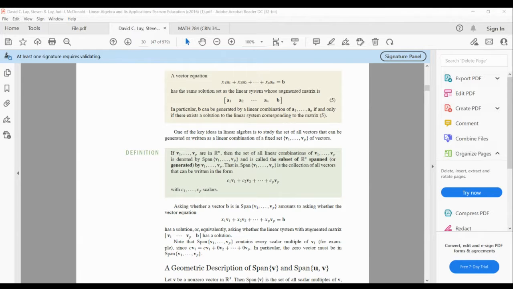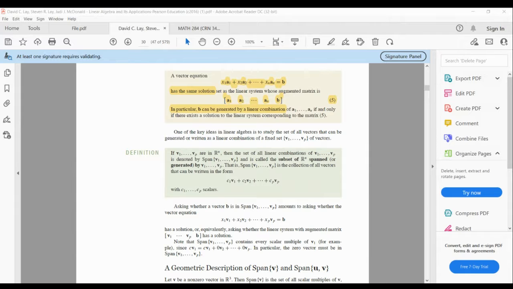You see in the top box there you have this vector equation, but you could denote the vector equation as a matrix where the columns are a1, a2 up to an and vector b.